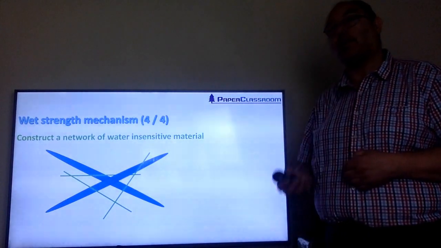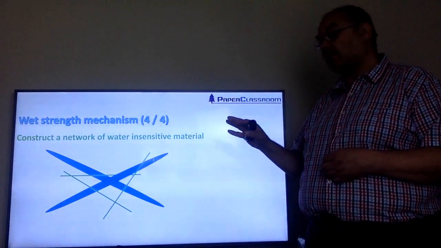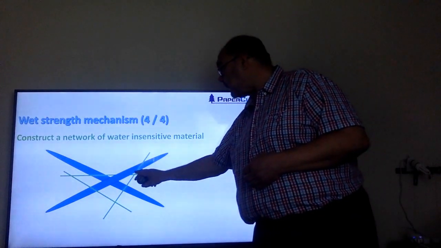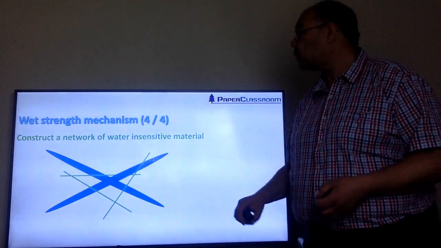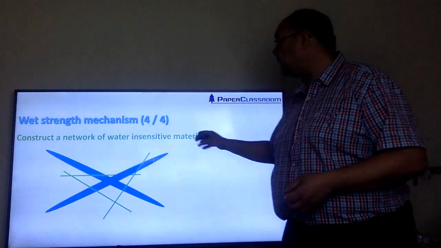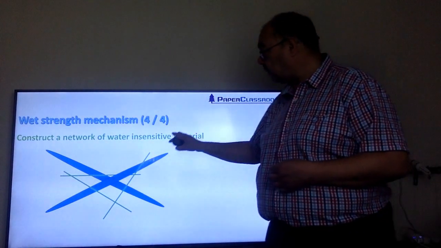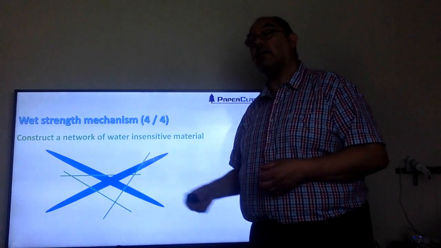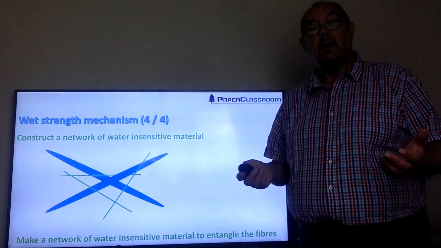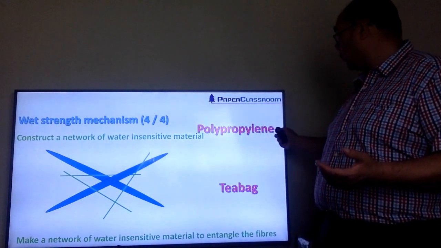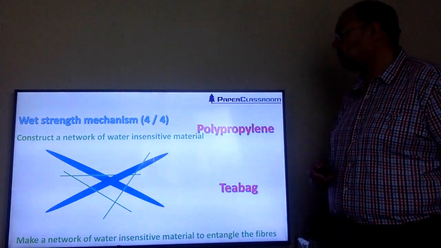And as we go through the drying process, air float drying process, we heat them up such that these organic fibres will melt and weld into each other. So therefore you've constructed this network of water insensitive material that's enveloping all the natural fibres. So polypropylene type fibres ideally used for tea bag manufacture.